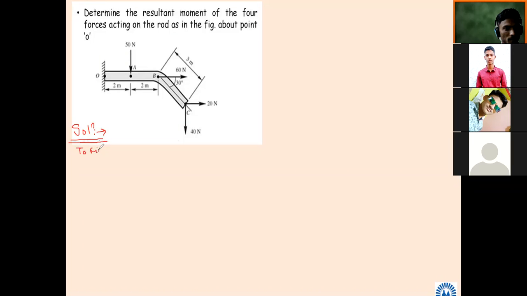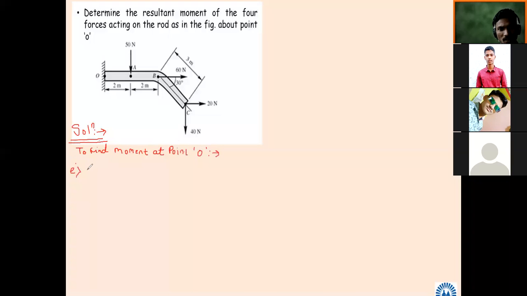To find the moment at point O. This is our aim. So first one, either Roman 1 or we can write 1A, whatever you want to write. So what is that? Moment due to 50 Newton force.